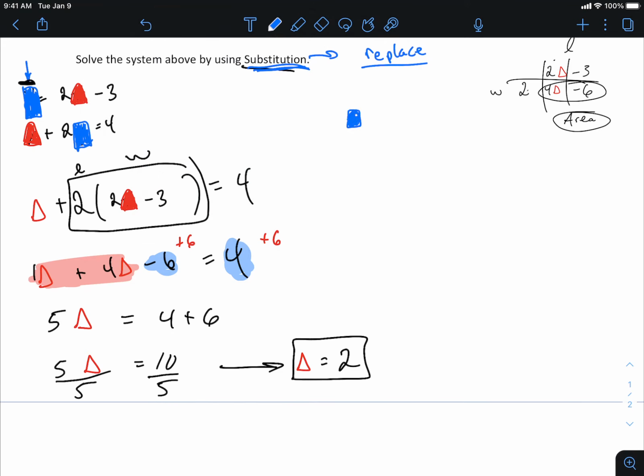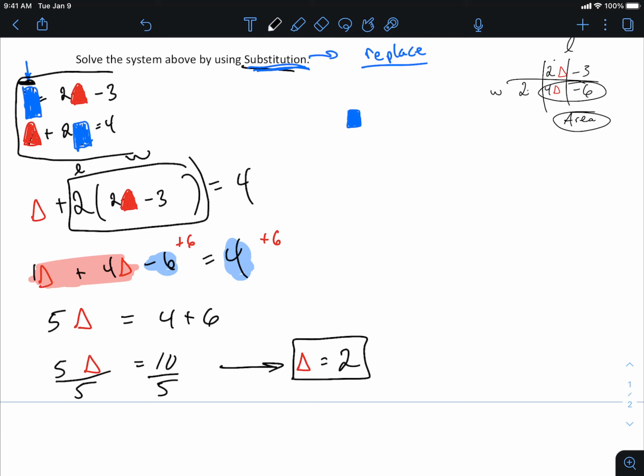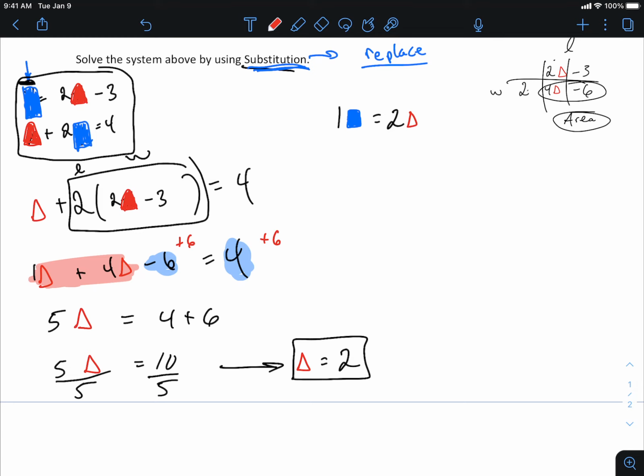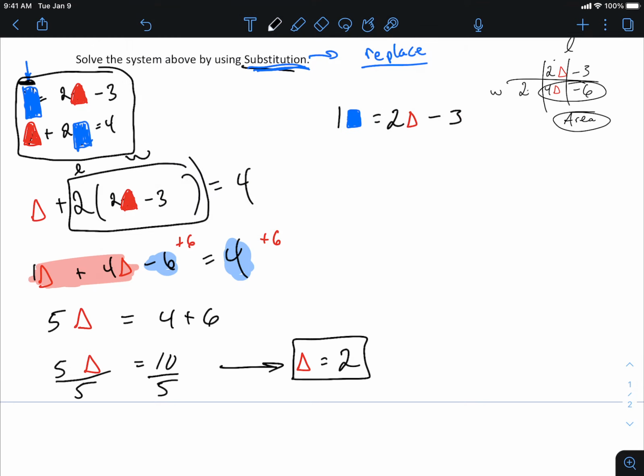But you guys have something at your disposal. If you just take a look at the original question, you have something that tells you what one blue square is equal to. One blue square is equal to 2 red triangles minus 3. Right? It's right here. It's telling you what it's equal to.